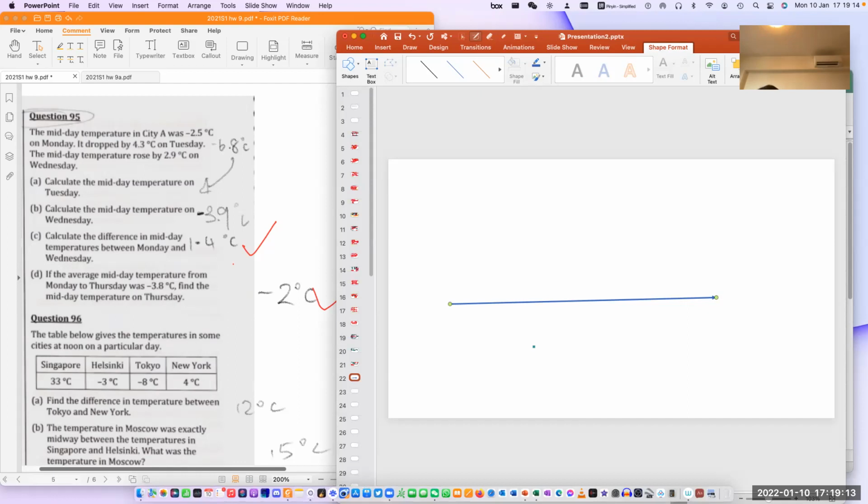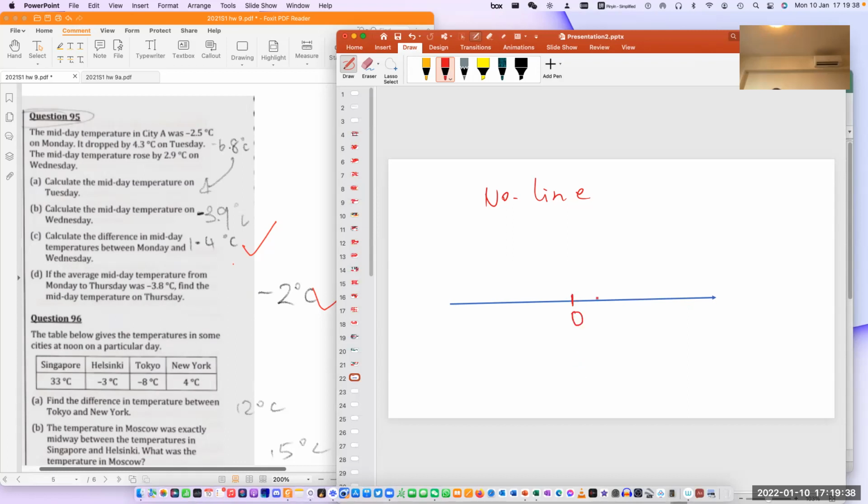Especially when you deal with negative and positive numbers together. So when you draw a number line, this is the number line. By the way, we can actually talk about the concept of number line again, to refresh your memory. This is a number line, and the first number I always label is 0.